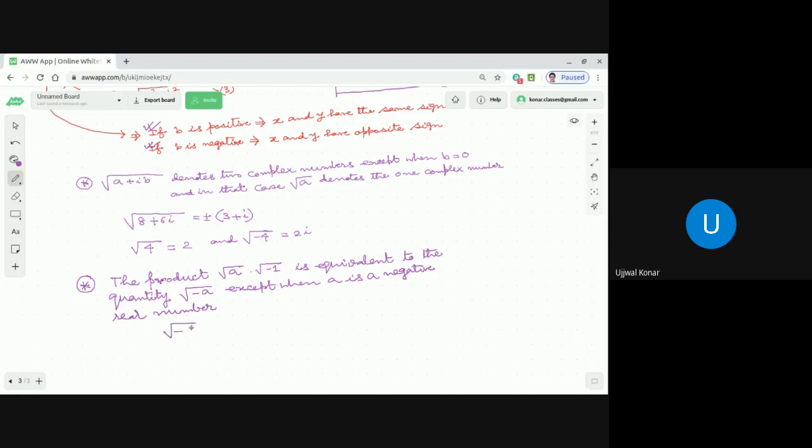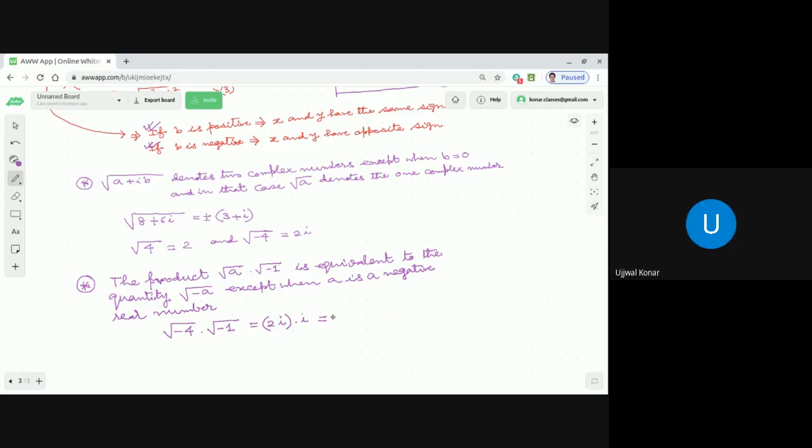So square root of -4 into square root of -1, what are we going to get? What is the square root of -4? That we understood is equal to 2i, na, dear students? I hope there is no confusion here. Square root of -4 is equal to 2i, and square root of -1 is equal to i. Correct or not?